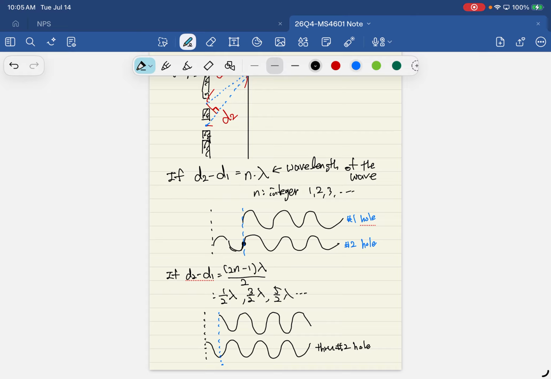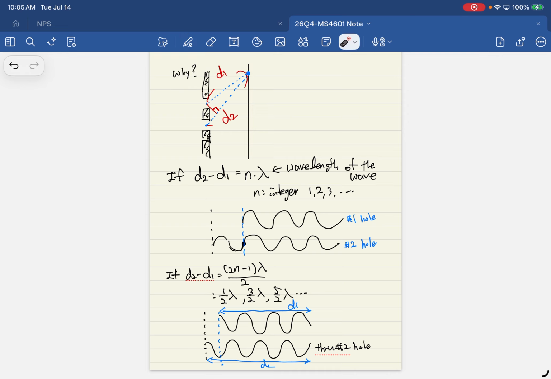My point is that this one will be D1, and this distance is going to be D2. If the difference between D2 and D1 is 1/2 lambda, 3/2 lambda, or 5/2 lambda, they are completely out of phase.